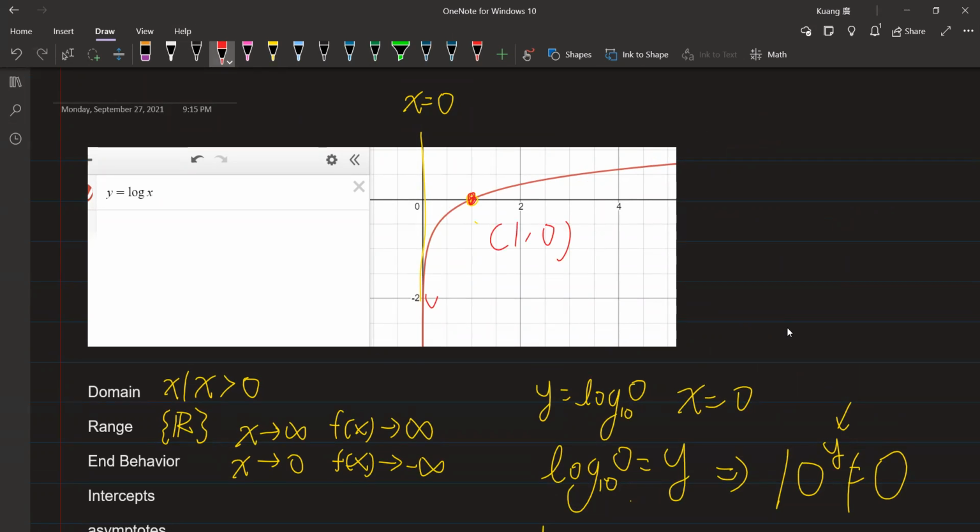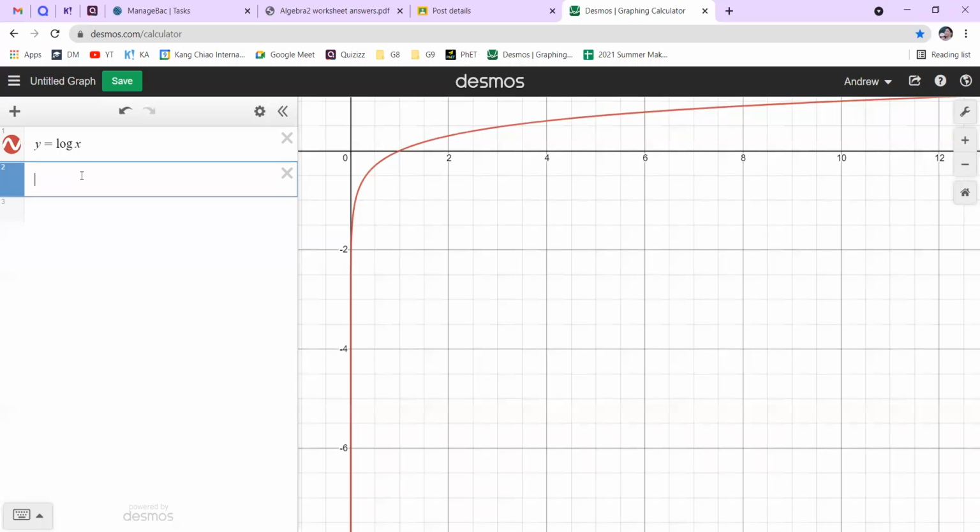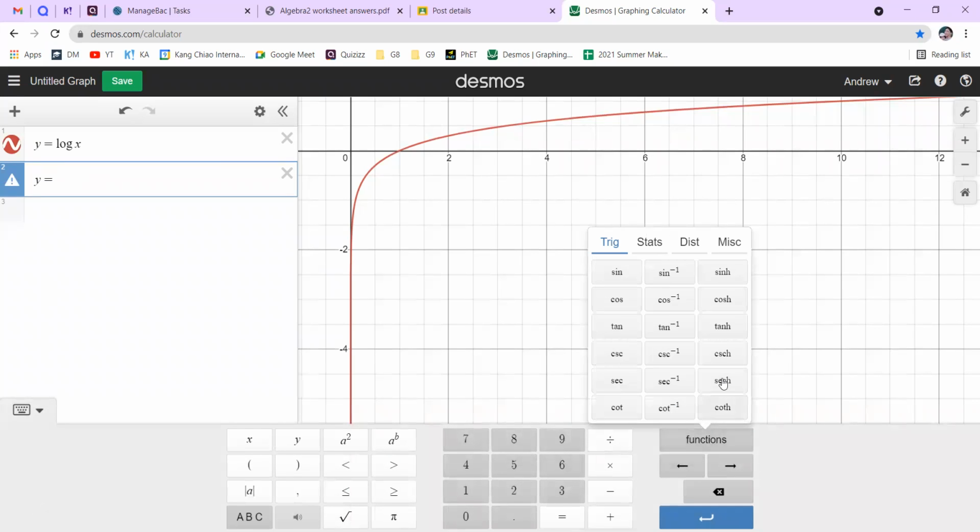In fact, no matter what the base is, like base 2, base 3, it will always go through (1, 0), even if the base is less than 1. So let me go to the graph. I have y equals log functions.